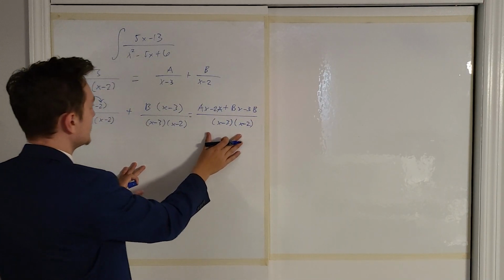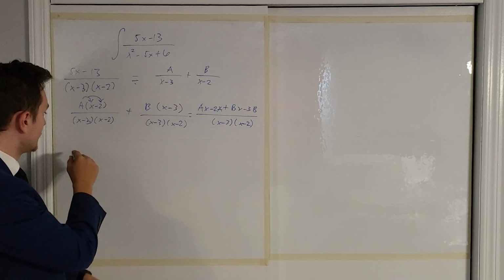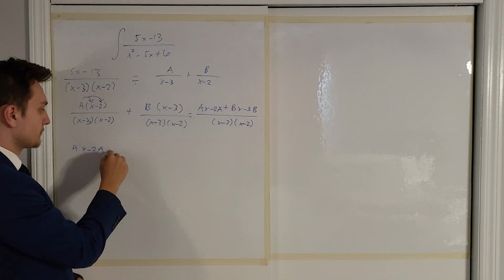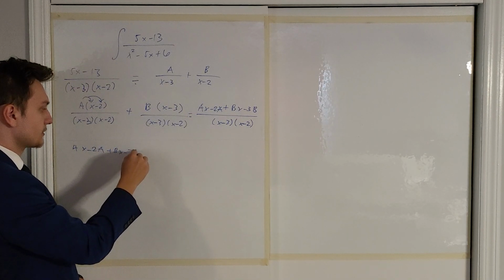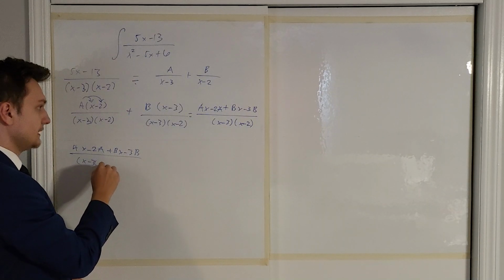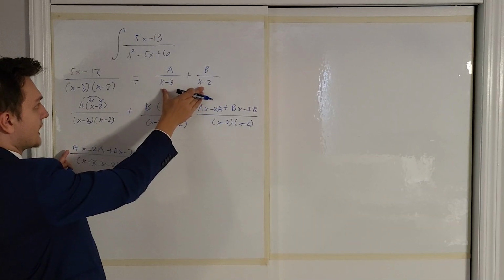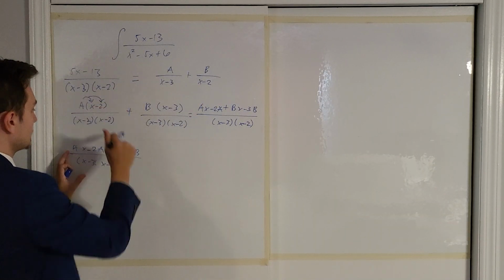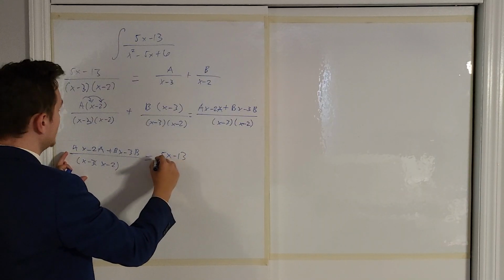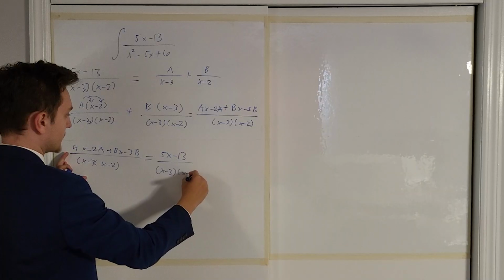Okay, now this is what I'm dealing with. And remember, I had this equal sign up here. So I'm going to bring this down: Ax minus 2A plus Bx minus 3B all over x minus 3, x minus 2. And remember, this was exactly the same as what I had up here. So I'm going to set it equal to 5x minus 13 all over x minus 3, x minus 2.